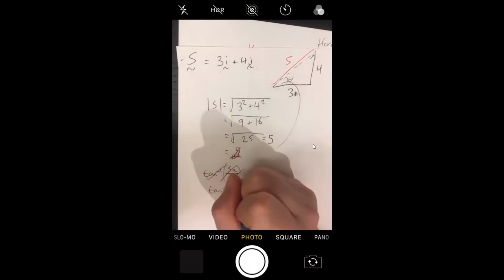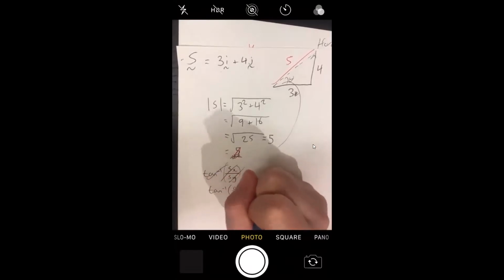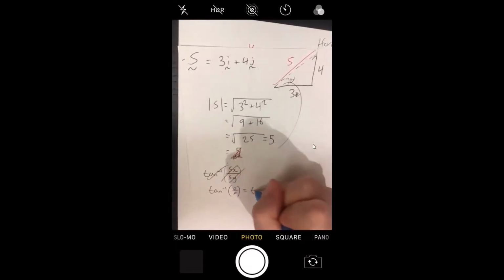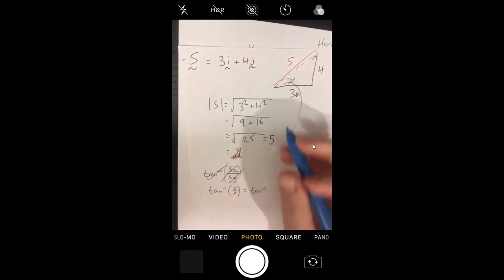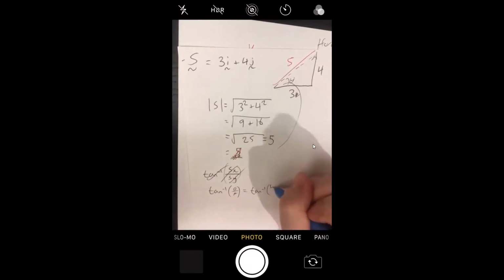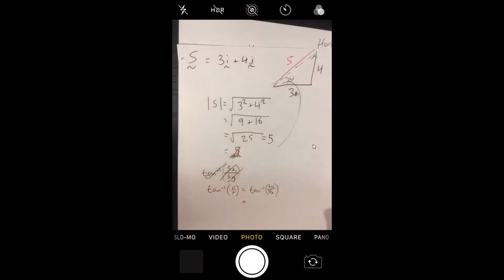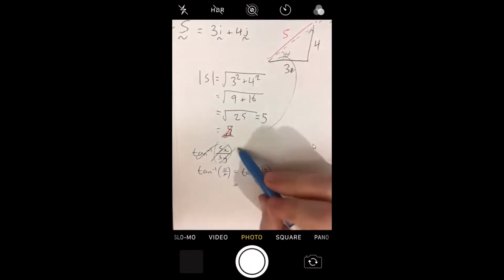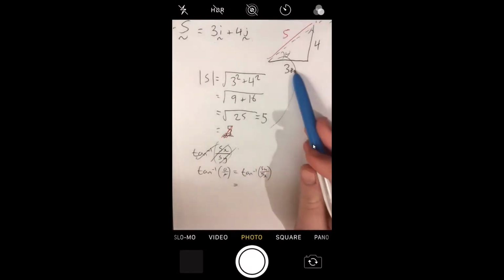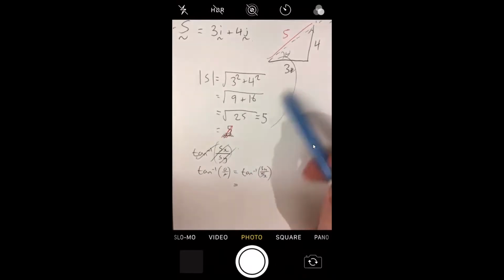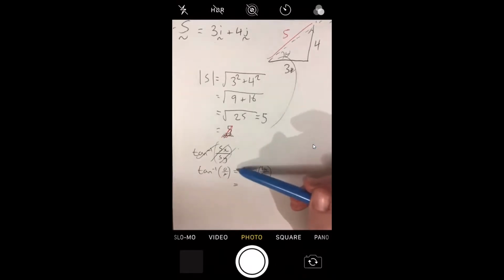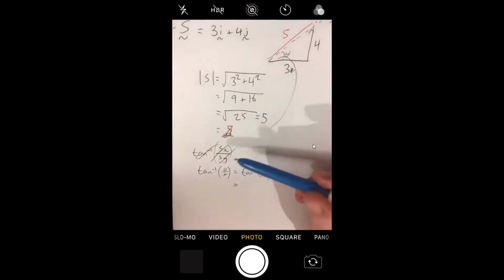Inverse tan of the opposite over the adjacent, which in this case is inverse tan of the vertical over the horizontal. By the way, this is why I always advise you guys to draw a picture, because sometimes it helps you understand what's going on. If I hadn't drawn a picture, I would have done this and made a mistake.